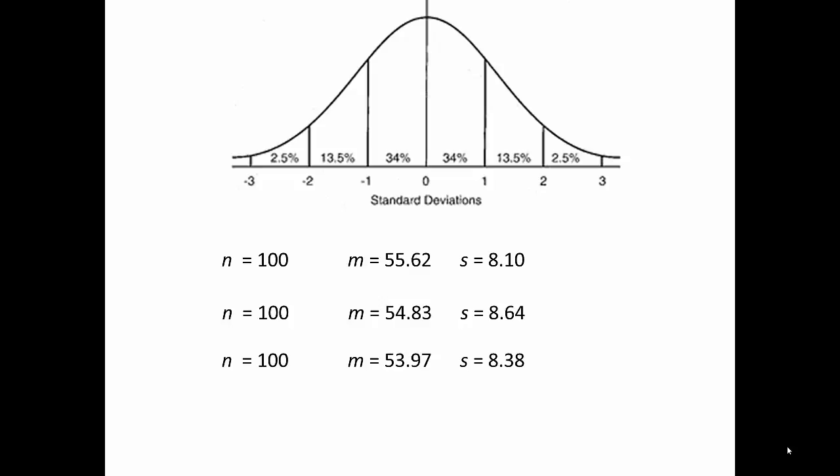I could keep doing this as often as I wanted, and every time I'm very likely to come up with a slightly different mean and standard deviation. But how likely is it that I'm going to pull a random sample of 100 from this same population with a mean of 28.37 and a standard deviation of 12.82?